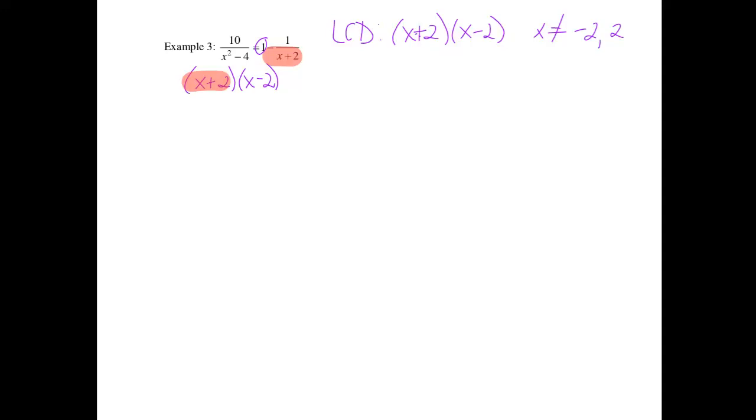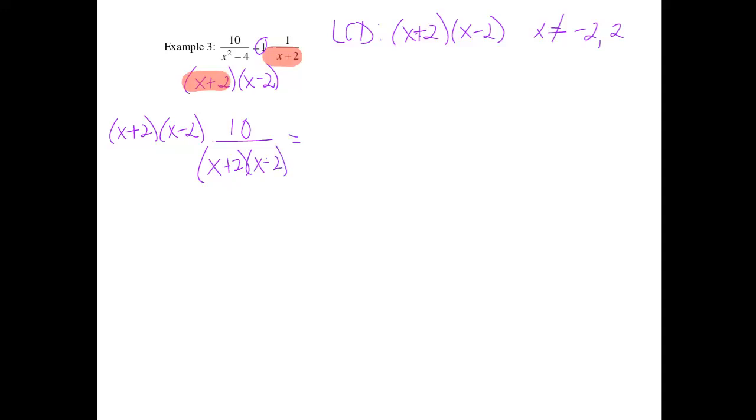And now we get into the big step where we have to multiply everything by our LCD. So LCD was x plus 2, x minus 2, and we're multiplying that by the 10 over x. Again, I'm going to write the factored form here, x plus 2, x minus 2.